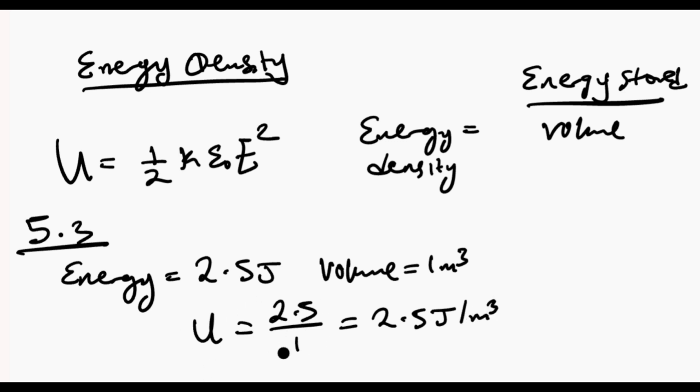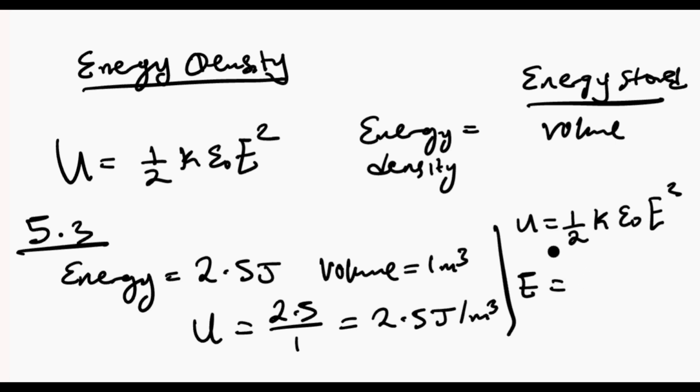But what they ask us is the electric field. Now using this formula here, that U is equal to 1 over 2 K epsilon E squared, if we make E the subject of the formula, that means E will be equal to the square root of 2U over K epsilon.